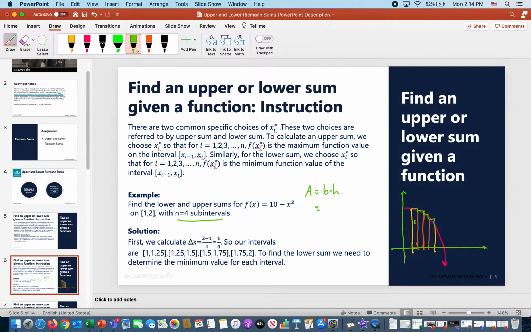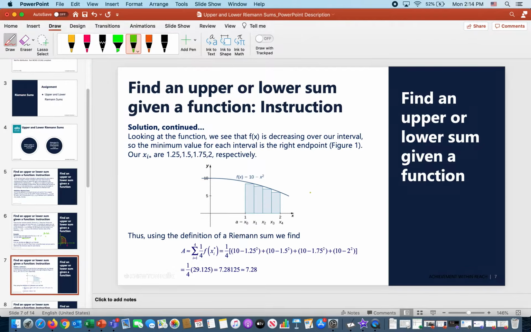To find the width of each rectangle, I'm going to subtract 1 from 2, and I get 1. And I'm going to divide it by the number of subintervals, 4. So each rectangle has a width of 1/4. Okay, let's take a look at the next slide here.